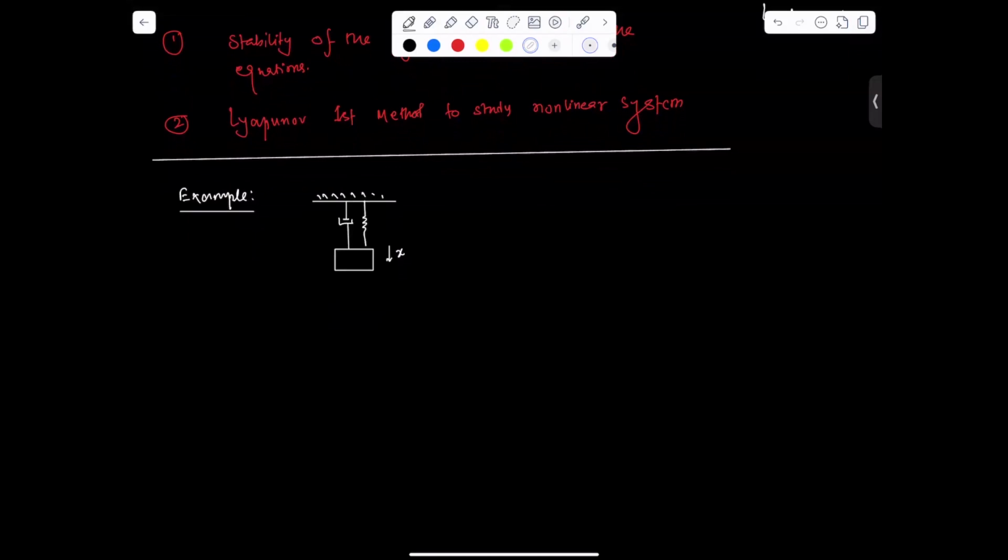For the simple force balance equation for the system, we can write F, and this displacement x is there because of the force being applied on the mass.